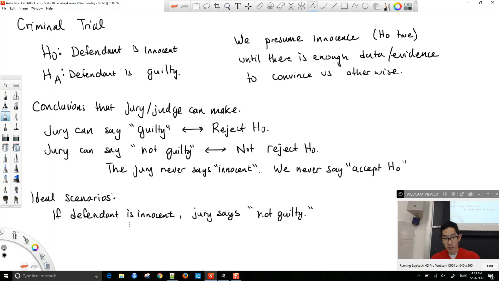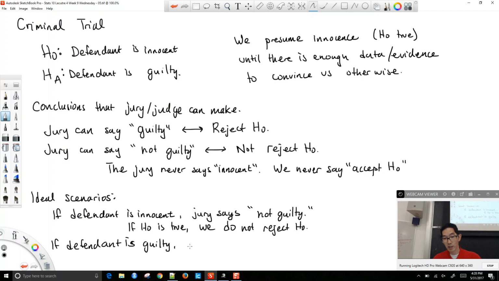Or if the null hypothesis is true, we do not reject the null hypothesis. And on the other hand, if the defendant is guilty, we want the jury to say guilty.